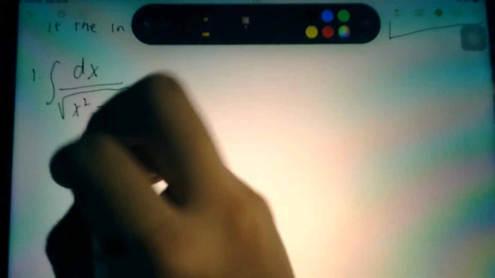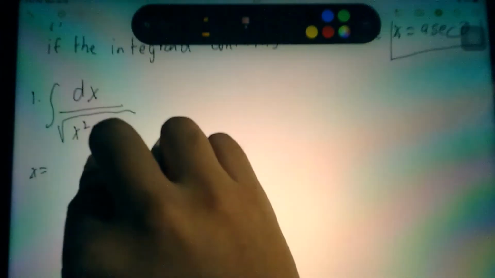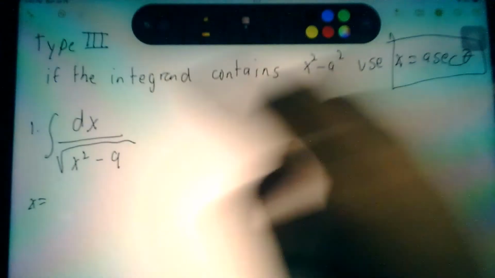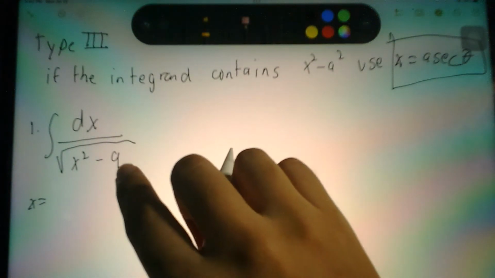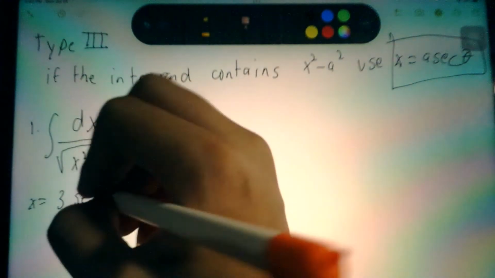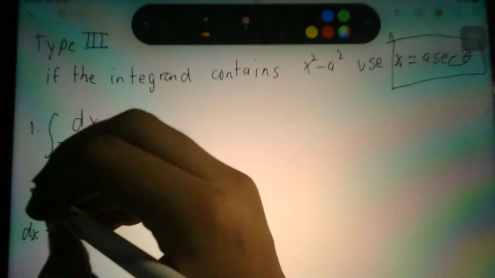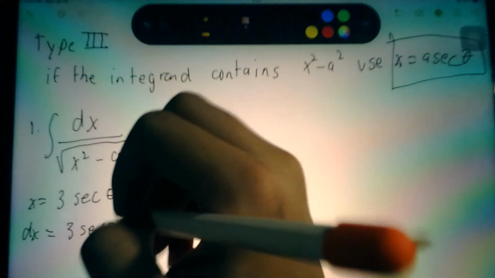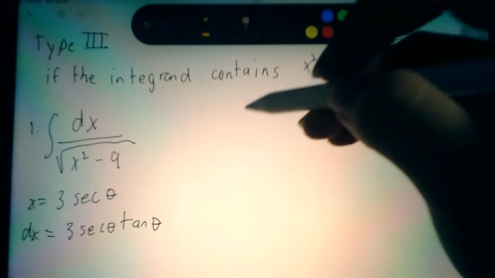So we let x equal, a squared here is 9, the square root of 9 is 3, so x equals 3 secant theta, and the derivative of this is dx equals 3 secant theta tangent theta d theta.